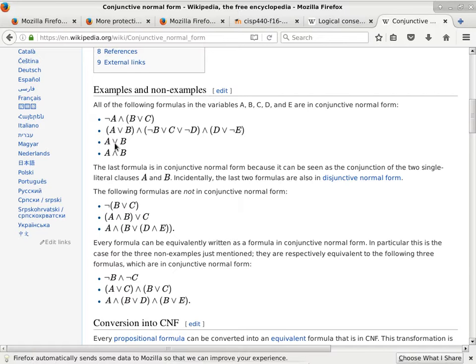Anything AND 1 is whatever you start off with. So it's easy to turn A or B into CNF, and that's why we consider A or B as a CNF. A and B by itself is quite obviously a CNF, because A itself is a CNF, B itself is a CNF, and when you have conjunctions of CNFs, the whole thing becomes a CNF. Are we okay with that idea?